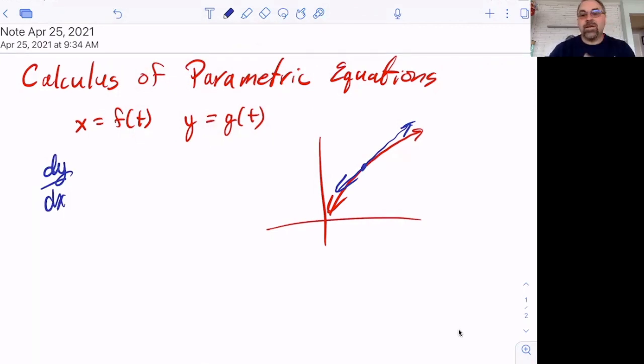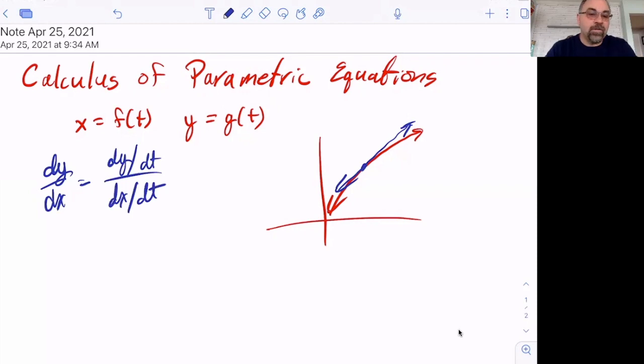As long as the curve we're looking at here, C, is smooth, remember we talked about smooth, meaning that f prime of t and g prime of t are not simultaneously zero, then the derivative can be written as dy dt over dx dt. And we're going to use that a lot.